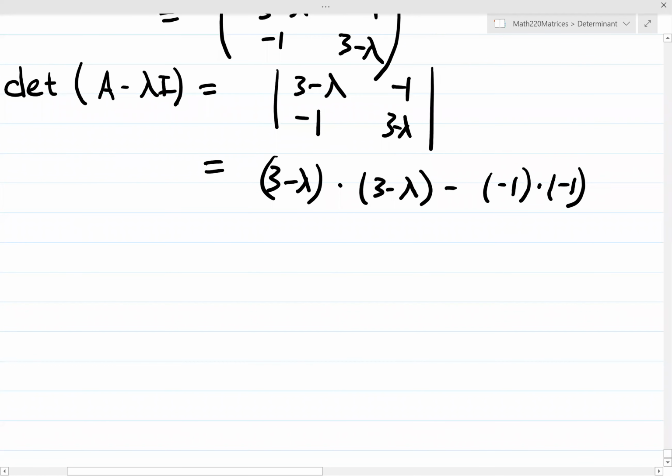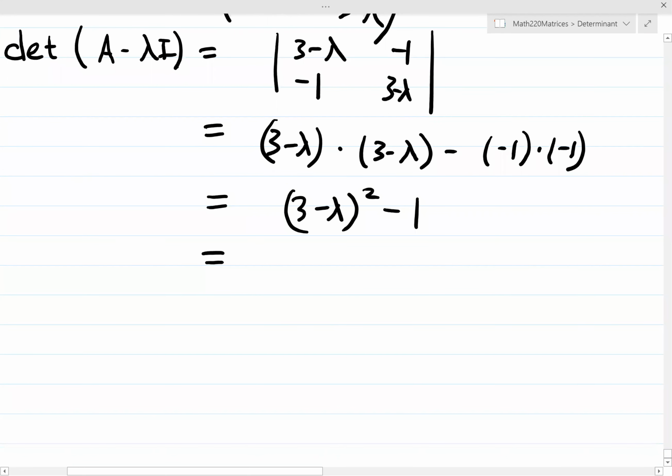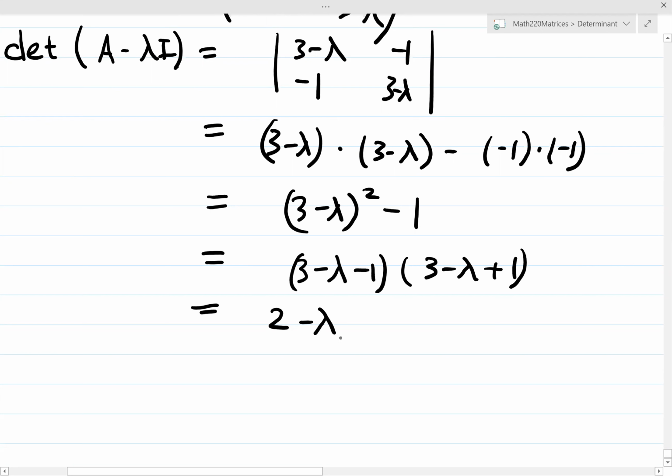If we rearrange, we get (3 minus lambda) squared minus 1. Expand this, or factor it using the difference of two perfect squares: (3 minus lambda minus 1)(3 minus lambda plus 1). So this will be (2 minus lambda)(4 minus lambda).